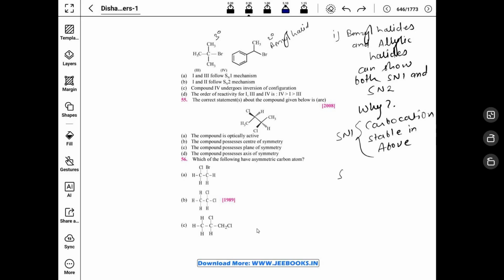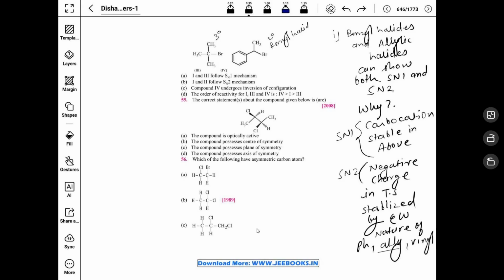They can also show the SN2 pathway, because in the transition state the negative charge is stabilized by the electron withdrawing nature of phenyl and allyl, since they have sp2 carbon and a minus I effect. So they can show both SN1 and SN2 mechanisms.